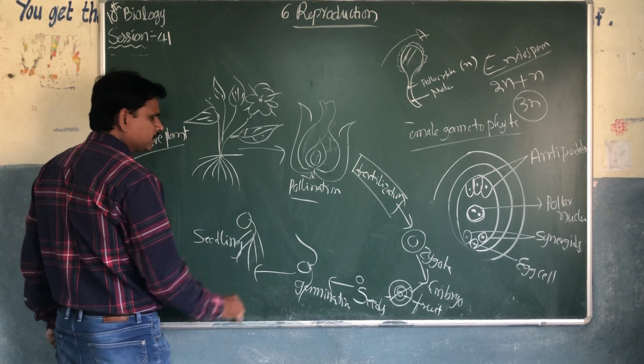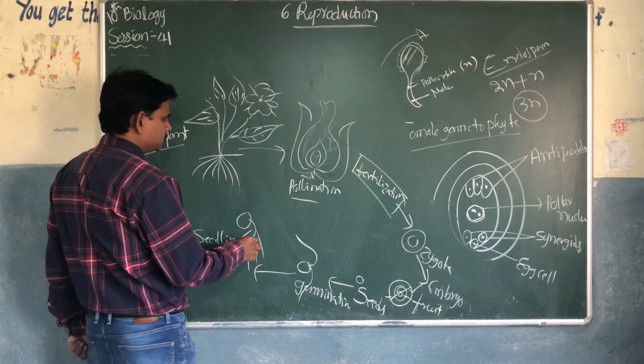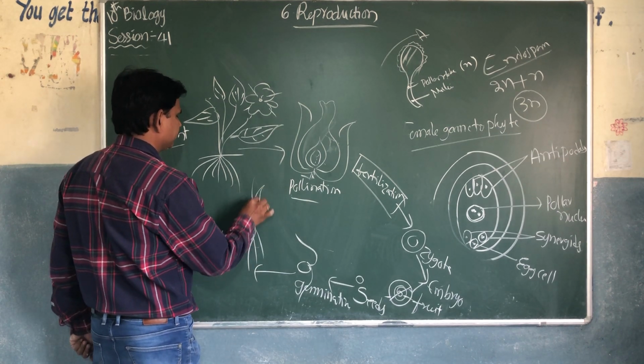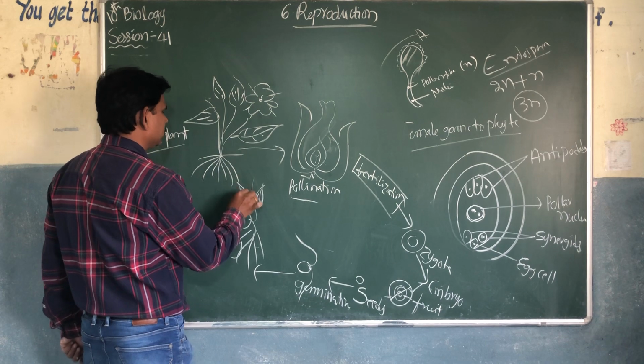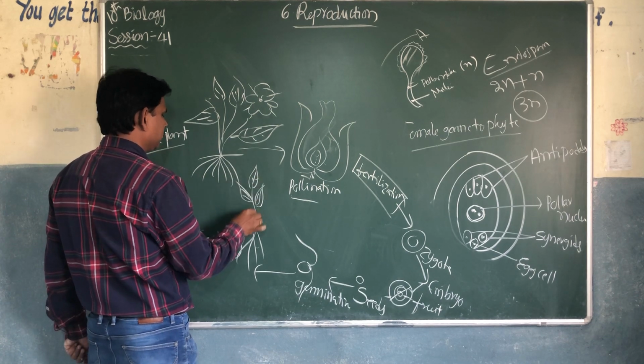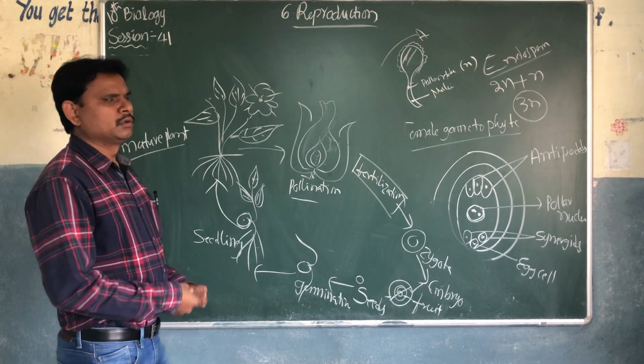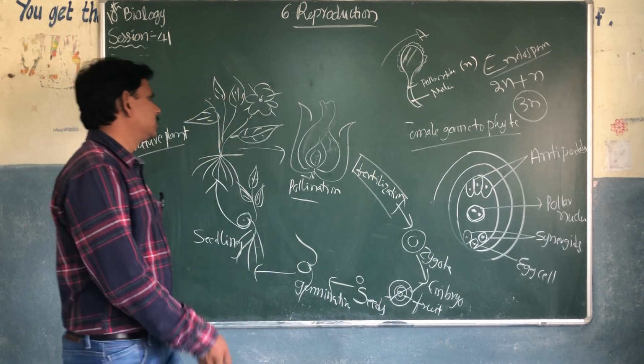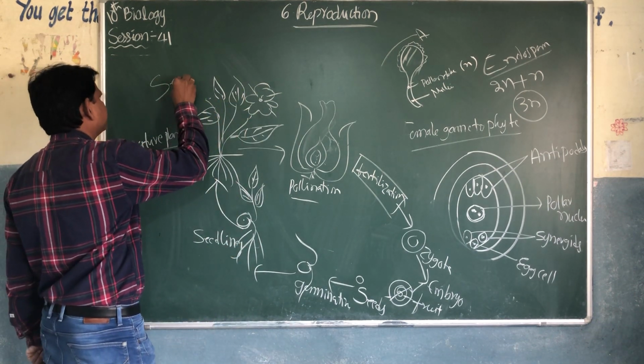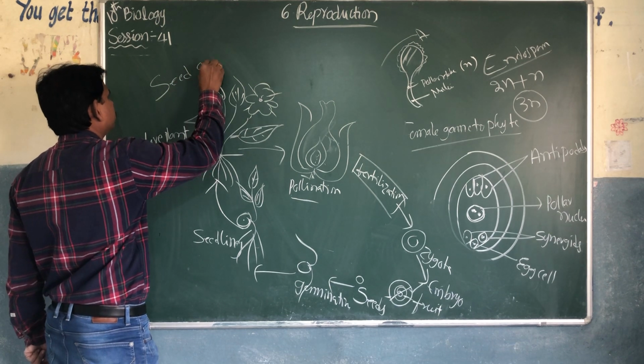The roots go inside the soil and the stem grows into the atmosphere. Again, this seedling becomes a mature plant. This is about seed germination.